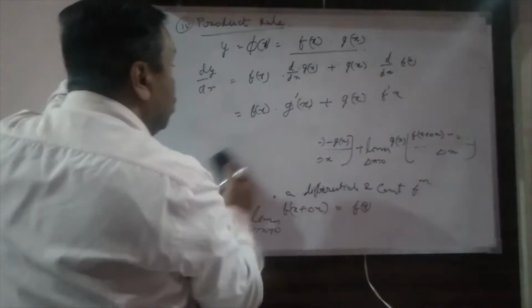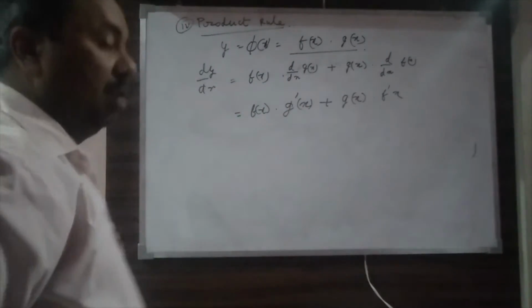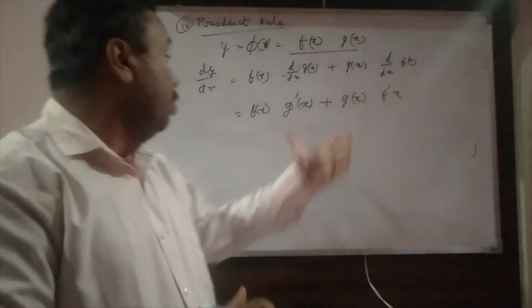So how do we get the rule for differentiating, or finding the differential coefficient, of a product of two functions?